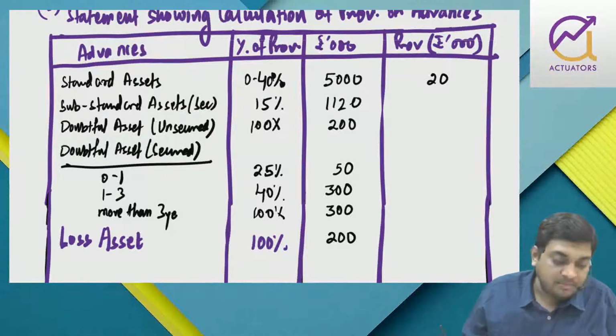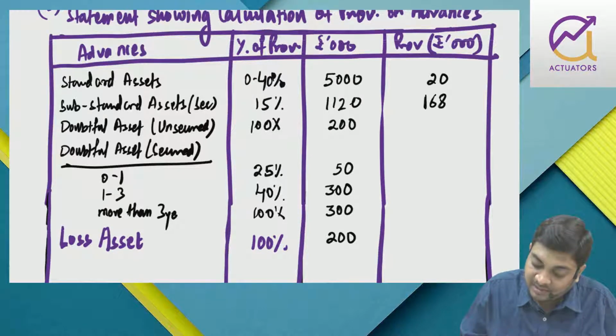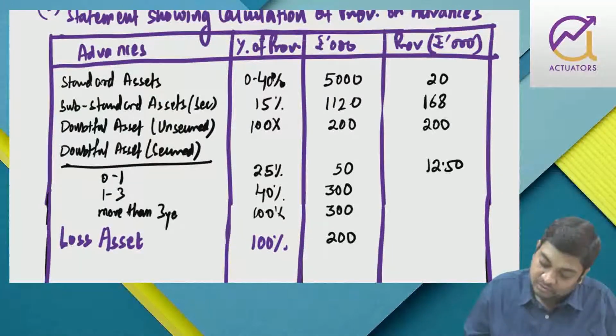1120 into 15%. How much? 168. This will be 200. This is 12.50. This is 120. This is 300.